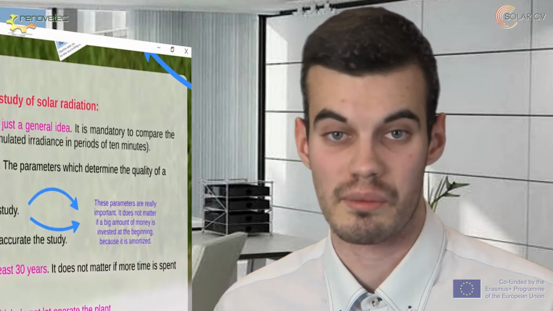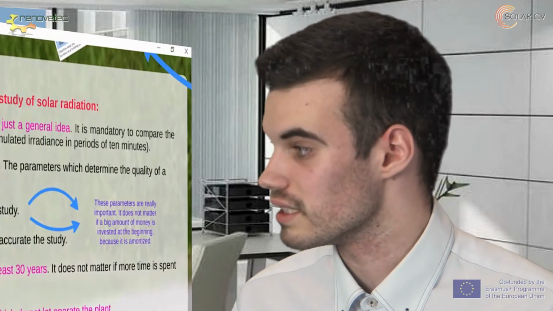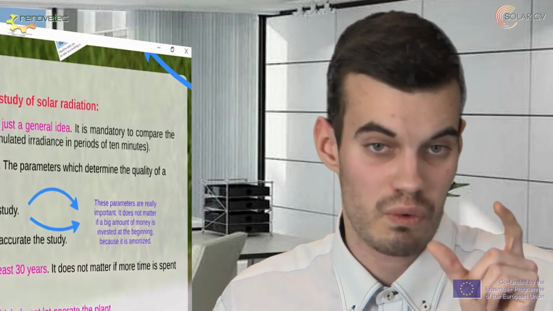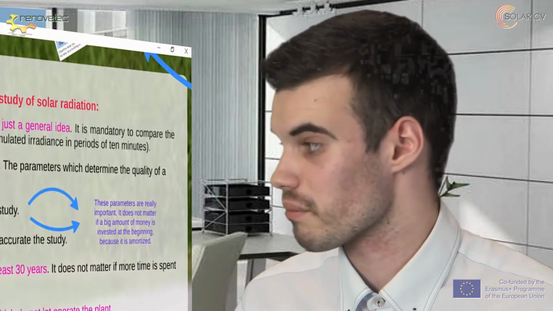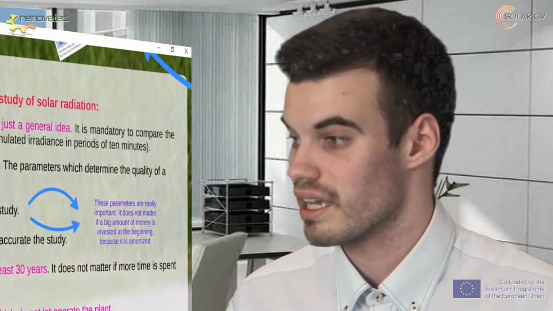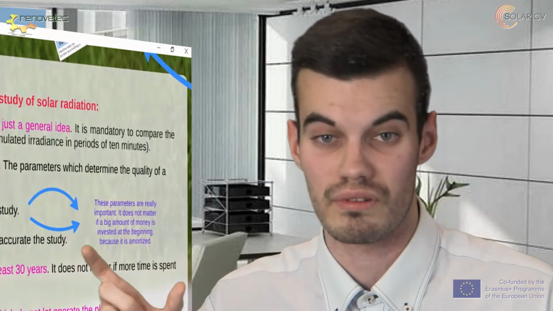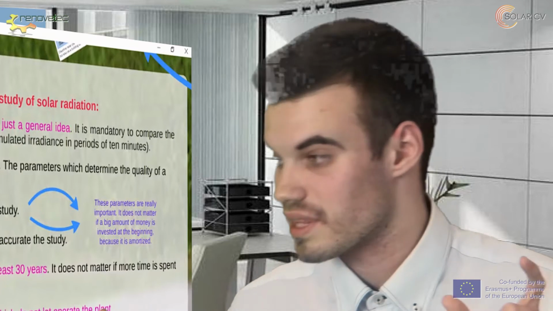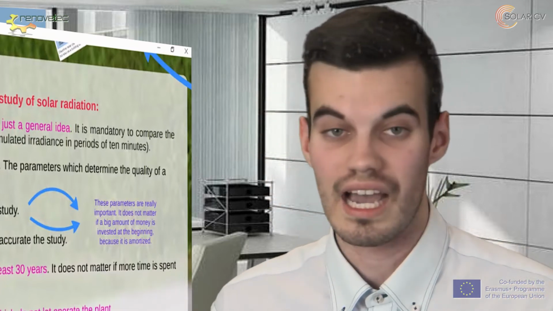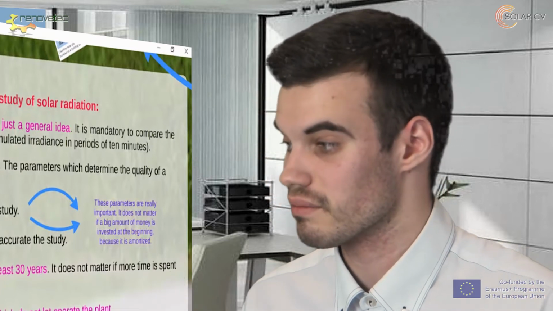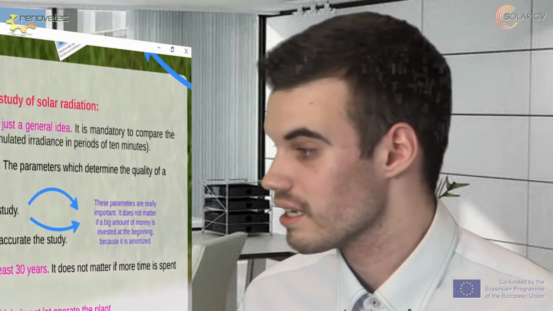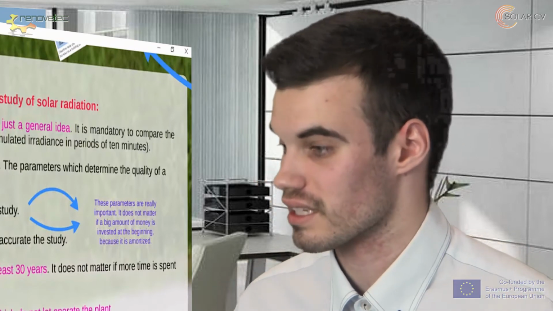Choose a quality database, as we saw that the main parameters which determine the quality of a database are data surface, where the smaller the surface, the more accurate the study, and data time, where the smaller the time between each data, the more accurate the study.